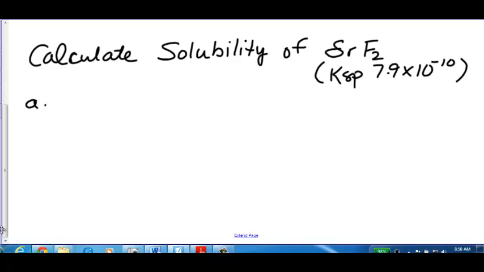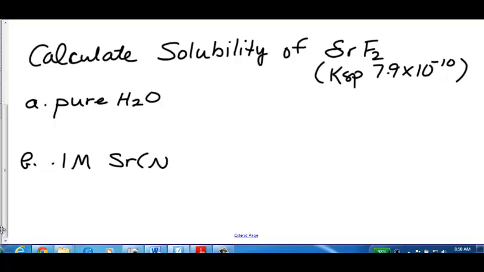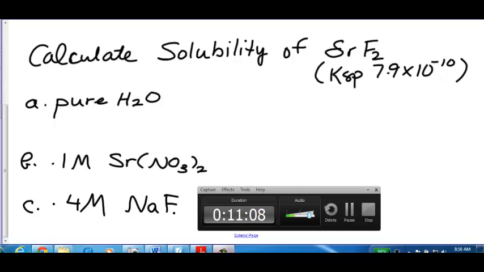First, we're going to calculate it in pure water, and I think you can go ahead and start that. Second, we're going to calculate it in a 0.1 molar solution of strontium nitrate. So we're going to try to dissolve that in this. And then third, we're going to dissolve it in a 0.4 molar solution of sodium fluoride. But go ahead, let's start in pure water first.